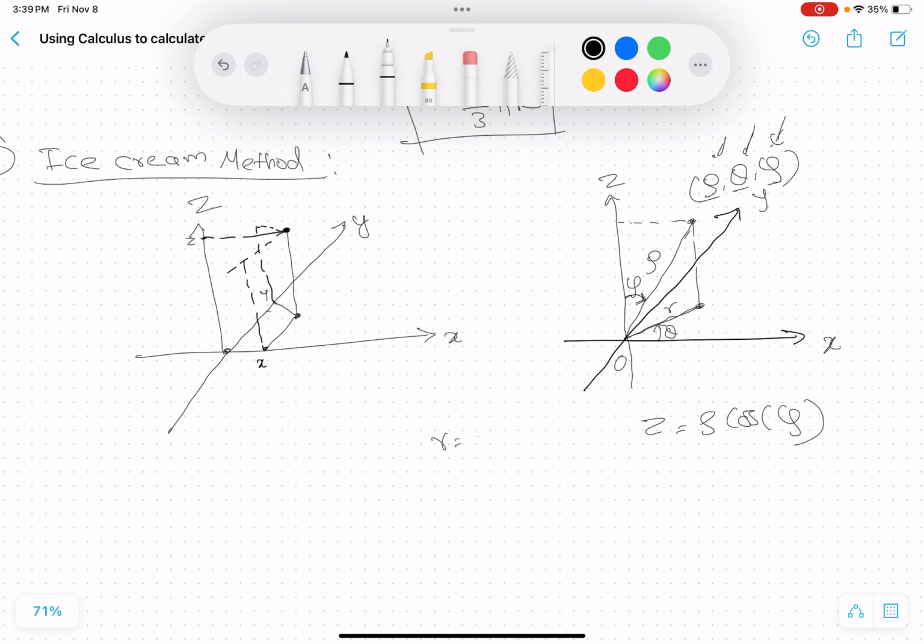And now the x coordinate is just r times cos theta, and since r is rho sine phi, this will be rho times sine phi times cos theta. And since the y coordinate is just r times sine theta, that will be rho times sine phi sine theta. So you see that these three components define all the x, y, and z coordinates. So obviously it will define every point in 3D space.